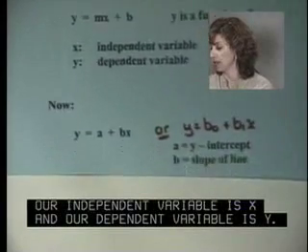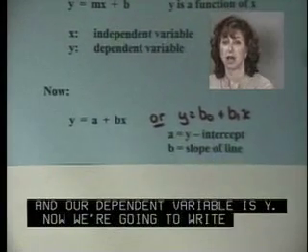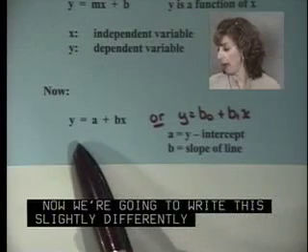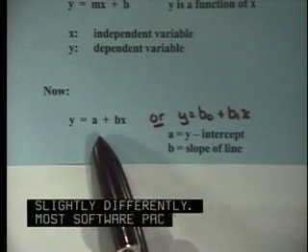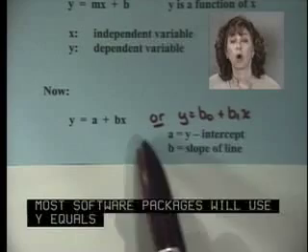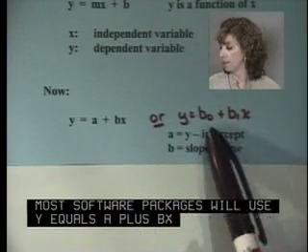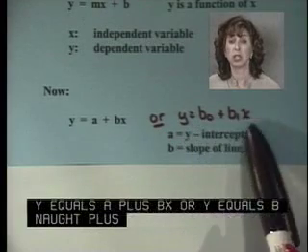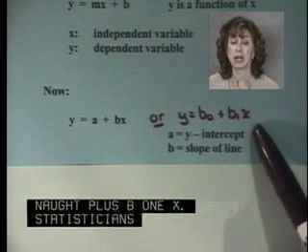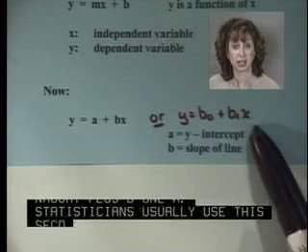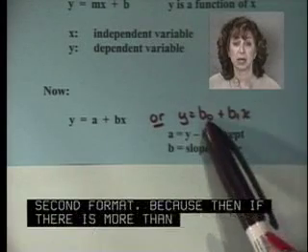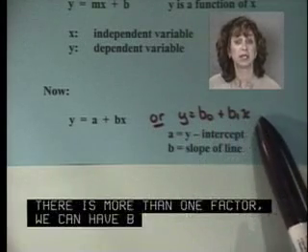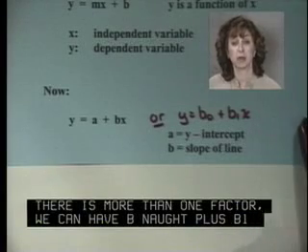Now we're going to write this slightly differently. Most software packages will use y equals a plus bx, or y equals b naught plus b1x. Statisticians usually use the second format because then if there is more than one factor, we can have b naught plus b1x1 plus b2x2 plus b3x3.